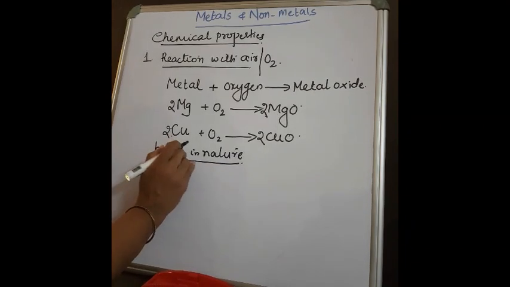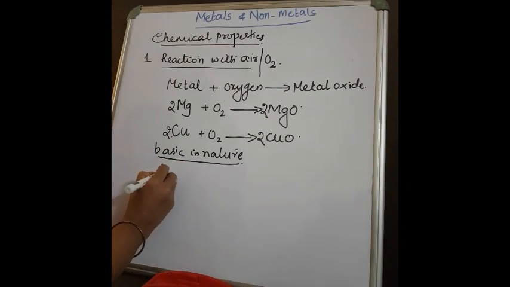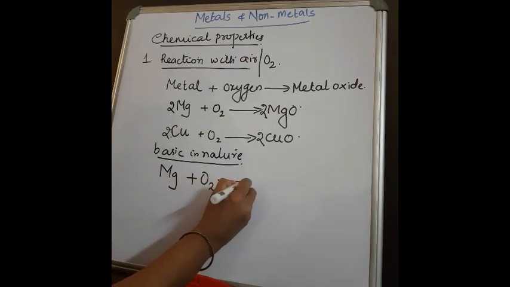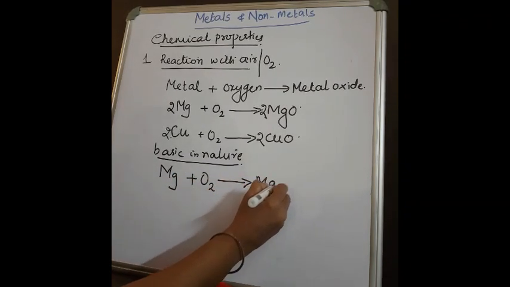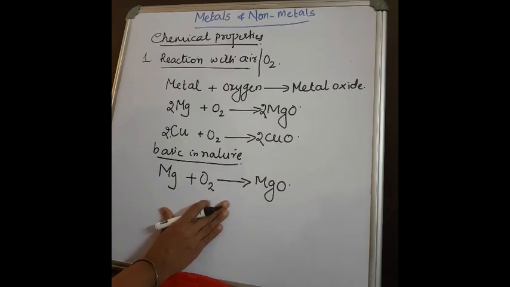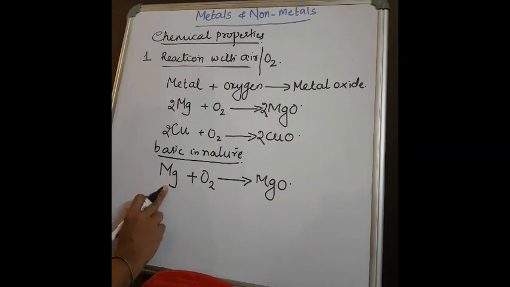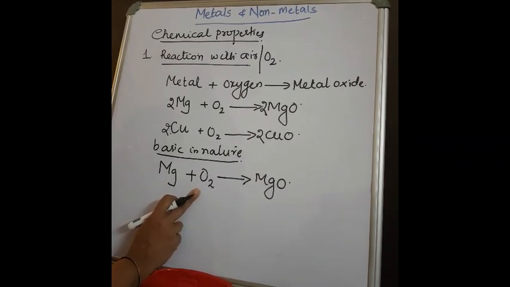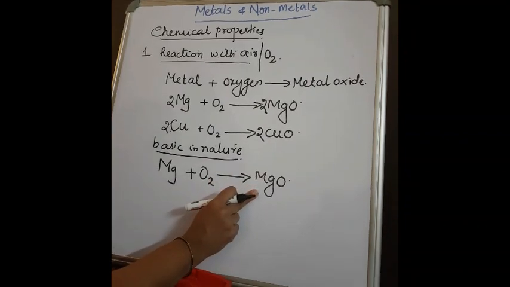I will tell you with an example: magnesium plus oxygen will give you magnesium oxide. Do you remember in the first class, I showed you the experiment where a magnesium ribbon is burned in a spirit lamp or a Bunsen burner? Now, what was the observation there?